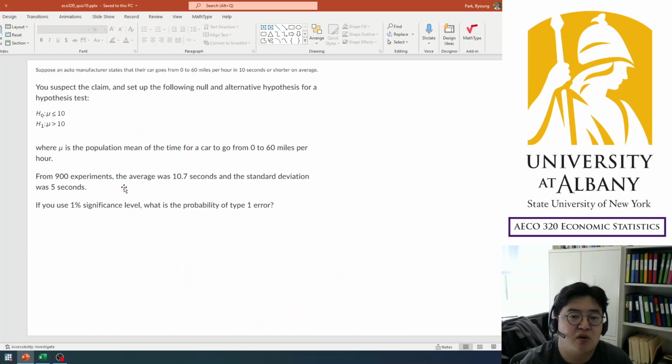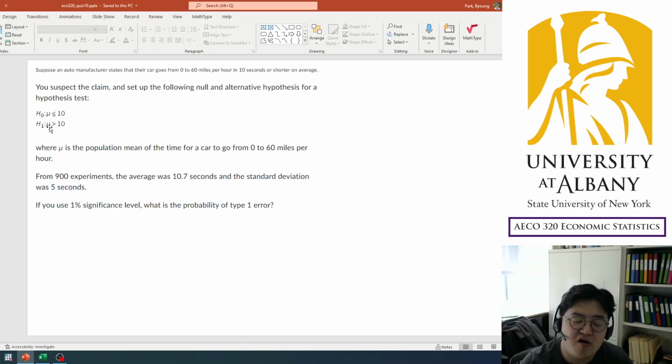Suppose an auto manufacturer states that their car goes from 0 to 60 miles per hour in 10 seconds or shorter on average. You suspect the claim and set up the following null and alternative hypothesis for a hypothesis test. So your null hypothesis is that you believe the claim: the time from 0 to 60 is 10 seconds or shorter.